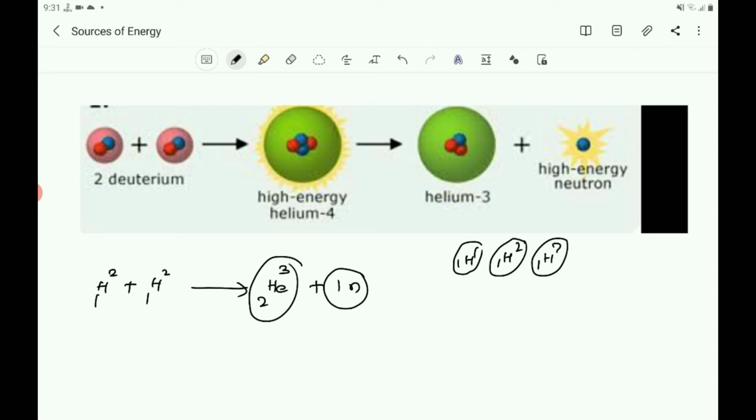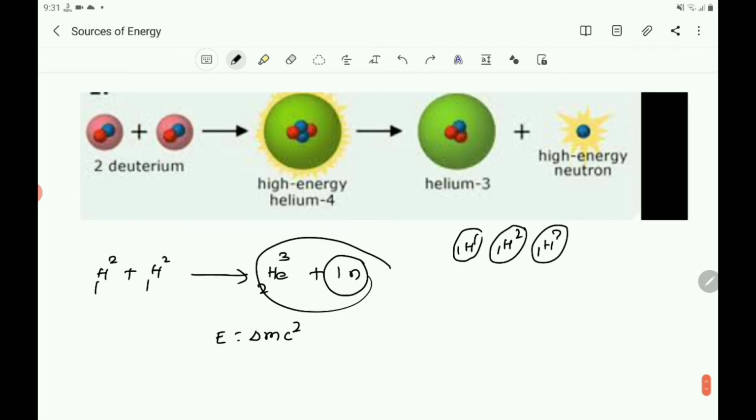That is, according to Einstein's mass-energy relation, E is equal to delta m c squared. Delta m is the mass difference. Here also, the total mass of the product is less than the total mass of the reactants. That is, some part of the mass is converted into energy.